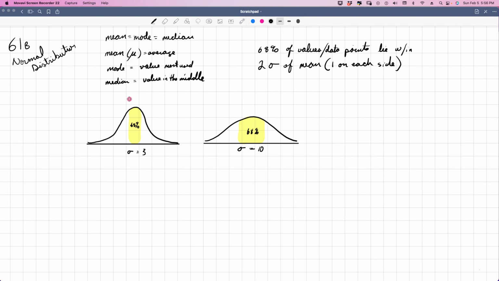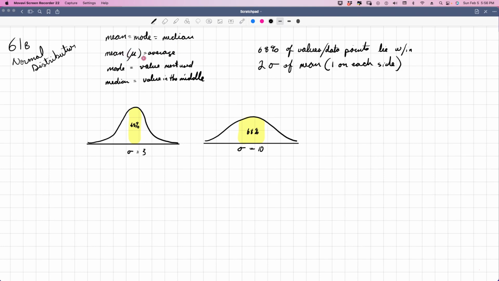In order to have good data, in order to know you've collected enough data for a normal distribution, your mean, your mode, and your median will all be the same value. They'll all be the same number.